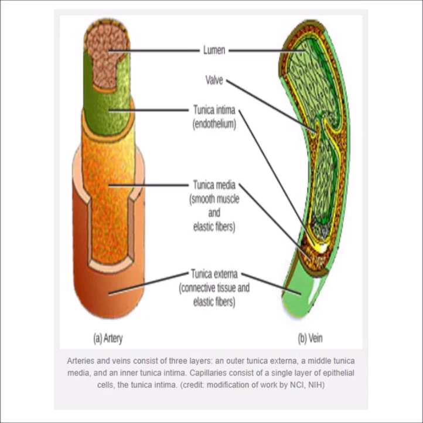In addition, veins are structurally different than arteries in that veins have valves to prevent the backflow of blood, because veins have to work against gravity to get blood back to the heart. Contraction of skeletal muscle assists with the flow of blood back to the heart.